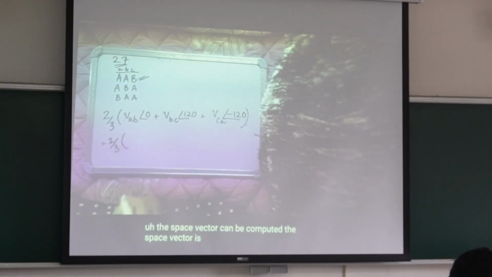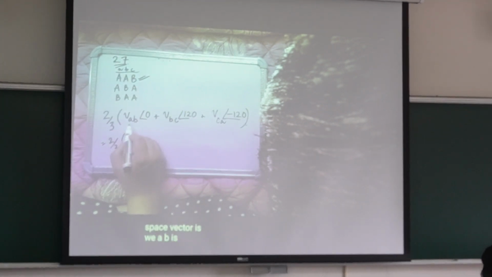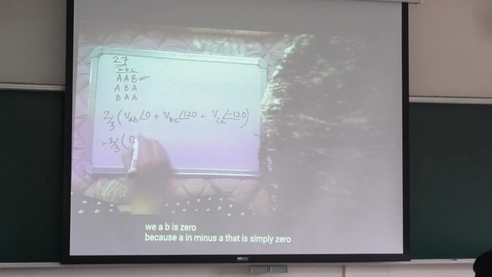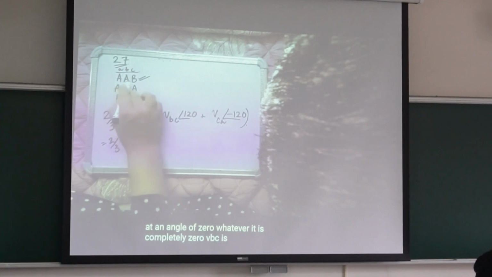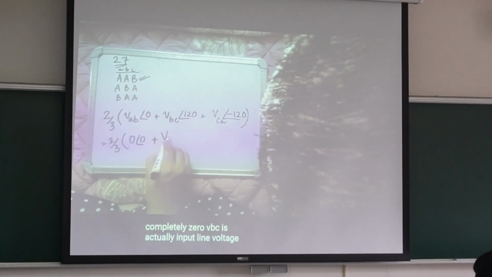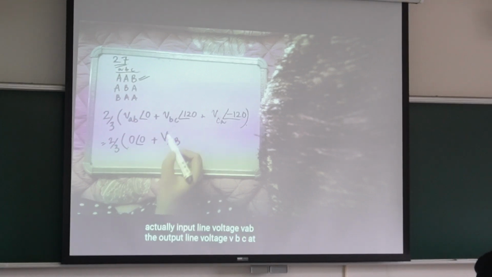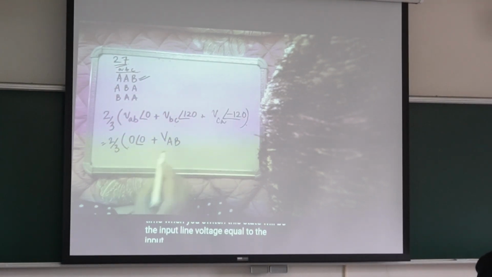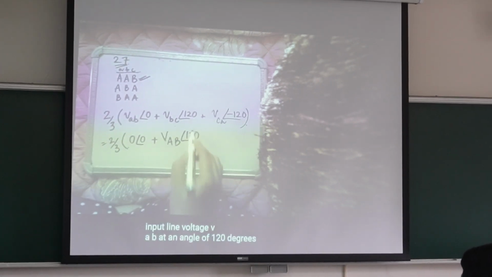The space vector is: VAB is 0 because A minus A is simply 0, at an angle of 0, whatever it is, completely 0. VBC is actually input line voltage VAB. The output line voltage VBC at this time, when you switch the state, will be equal to the input line voltage VAB at an angle of 120 degrees, right?